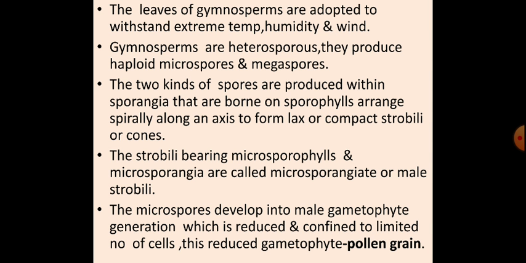Sporangia will produce sporophyll. Microsporophyll will form microsporangia. These microsporangia are called microsporangiate or male strobili. These microspores develop into the male gametophyte, which is called the pollen grain.